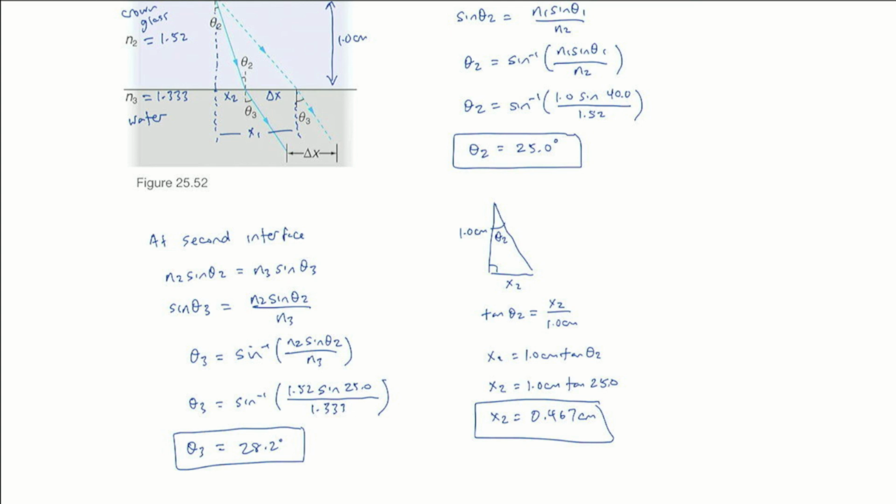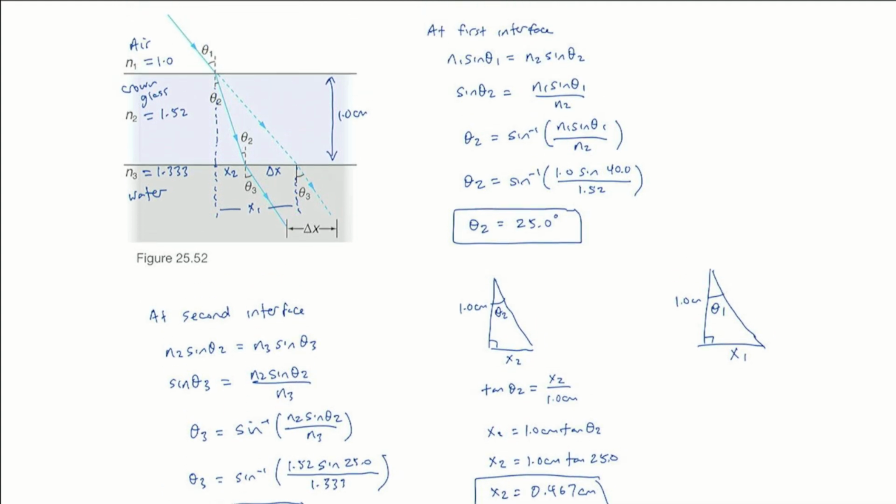All right. Now we'll go for x1. And so this will be a theta 1 triangle. We still have our 1 centimeter. And now we have x1. Right, you can think of the interface as right here. And there's where our theta 1 goes in.